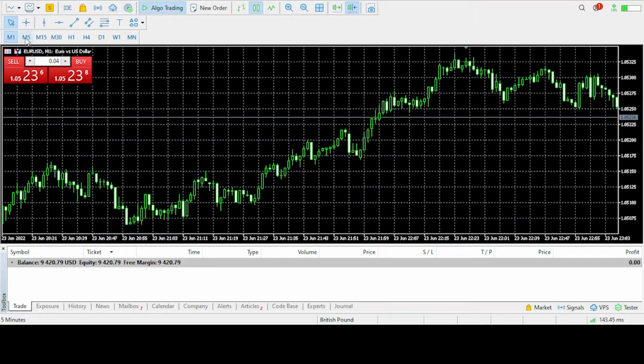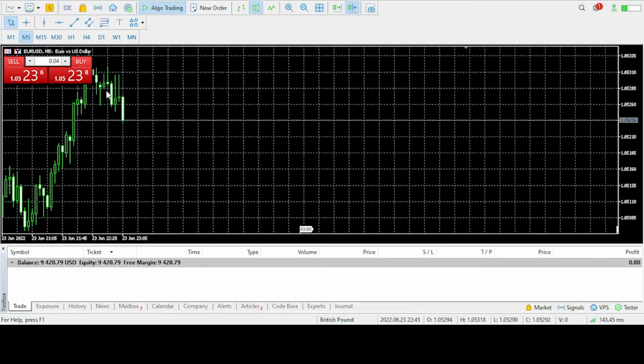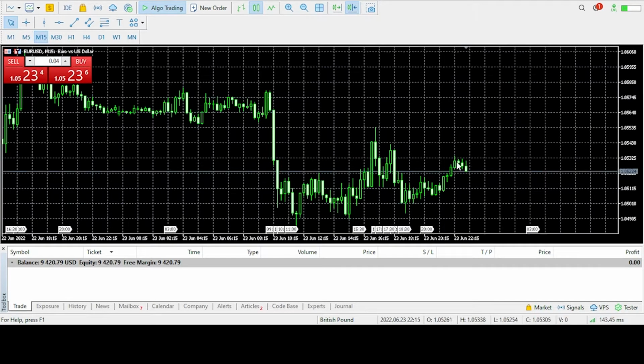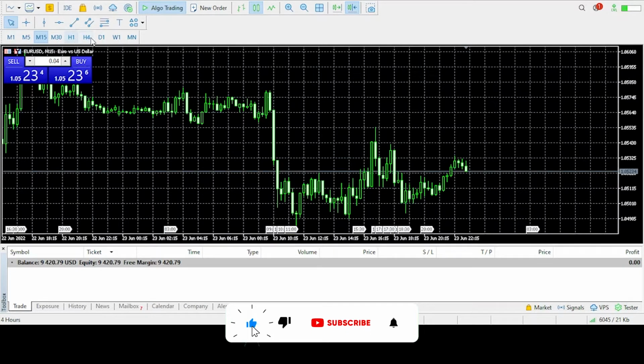Similarly, if you go on the M5 chart, every candle is of 5 minutes. On the 15 minutes chart, every candle represents 15 minutes and the price action within those 15 minutes. Similarly, you have M30, H1, H4, and D1.